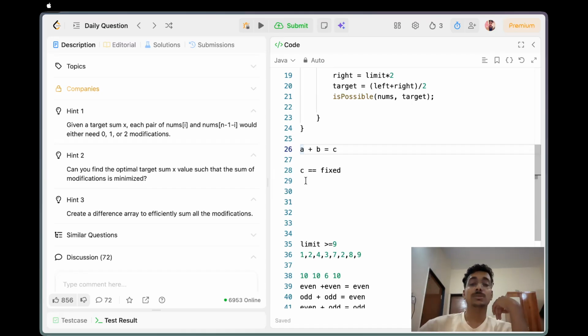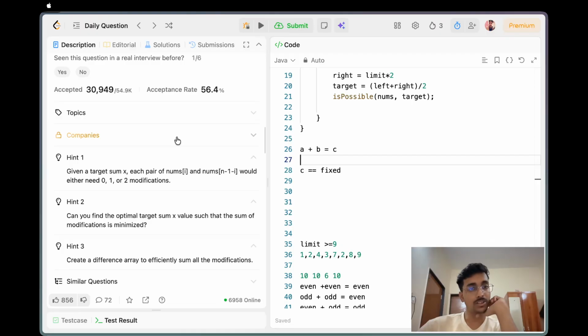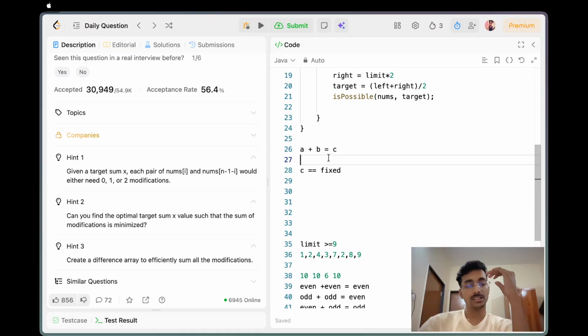Three scenarios means either it is going towards dynamic programming or what. At any point, I have three scenarios: either make no changes, make a change in either of them, or make both of them.